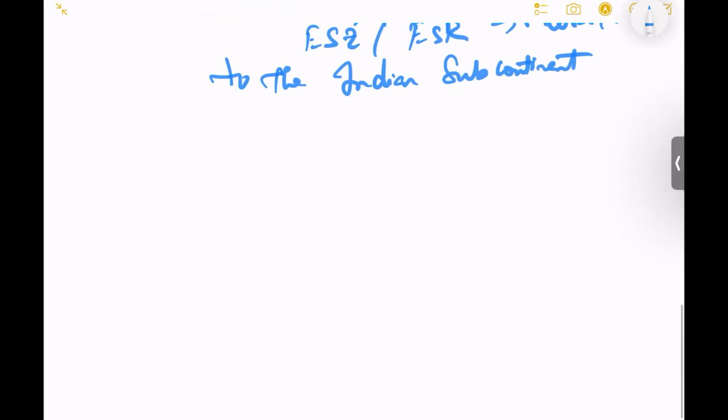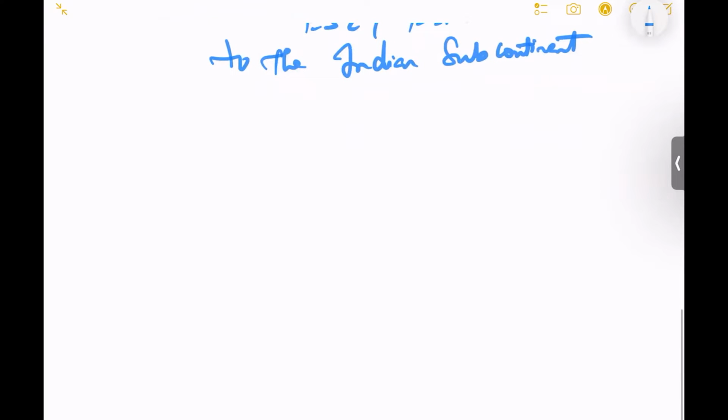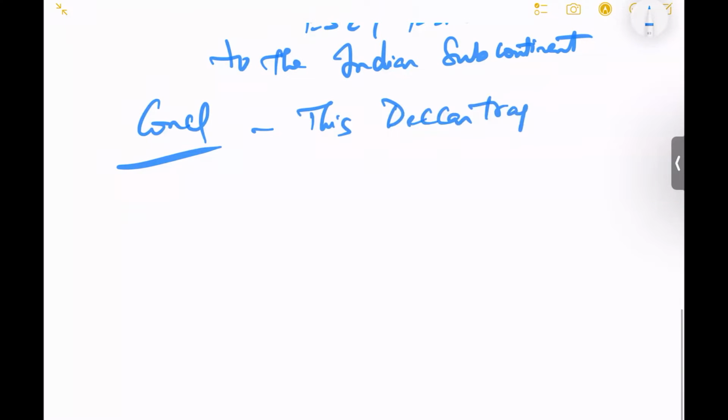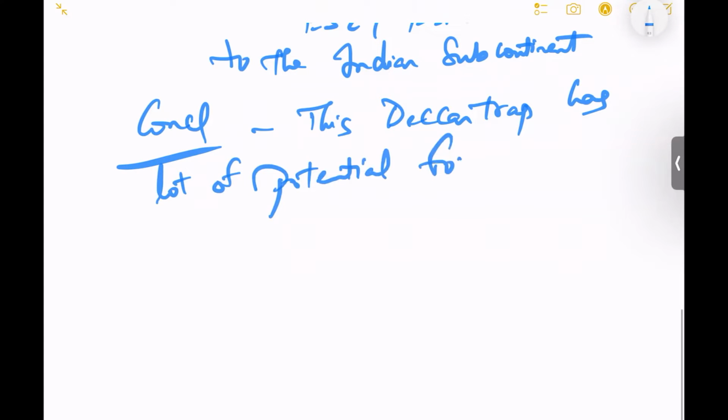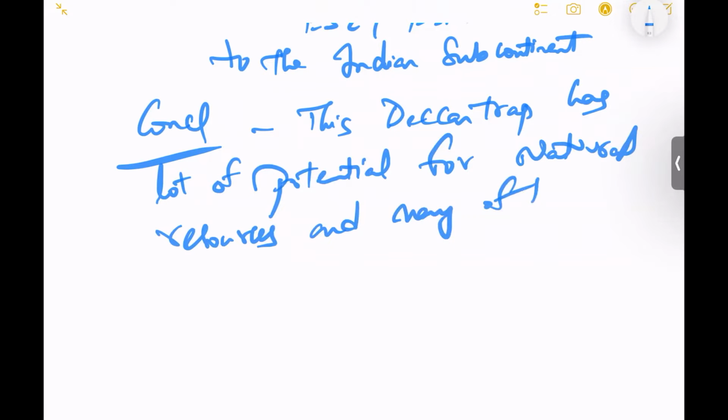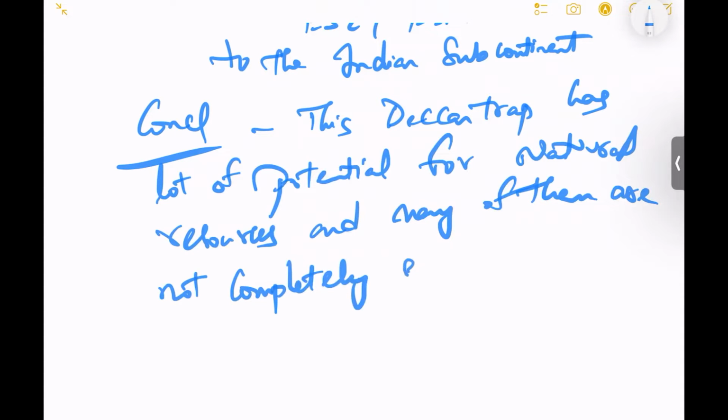So in the conclusion we'll write: this Deccan Trap has a lot of potential for natural resources, and many of them are not completely explored.